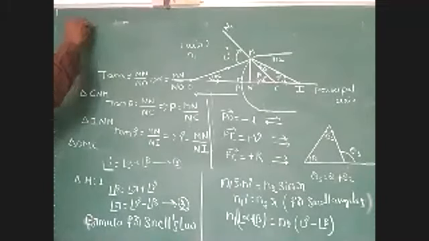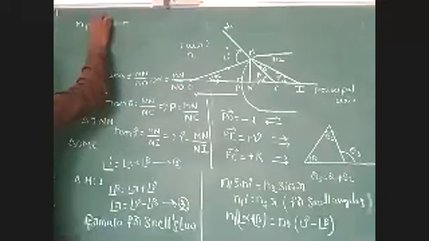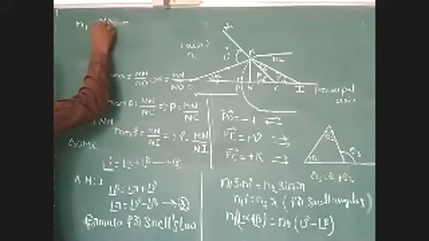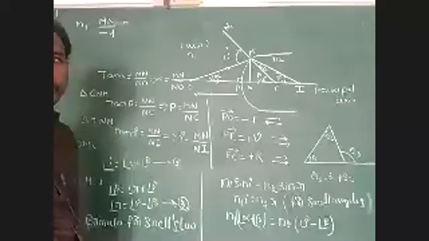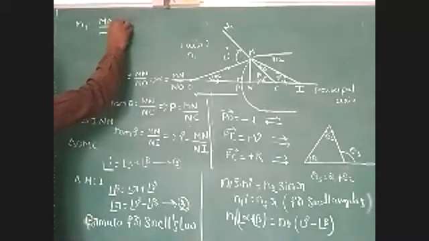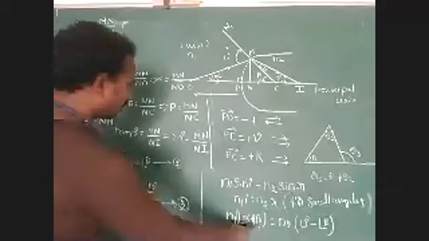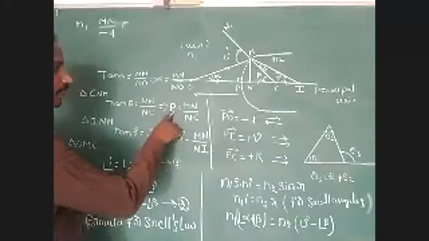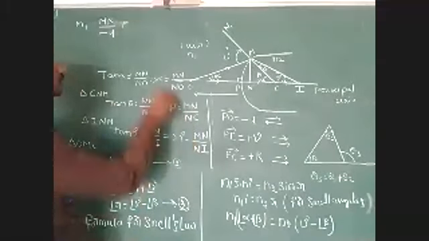n1 times alpha, which is MN divided by minus u, plus the next one, beta, which equals MN by NC.